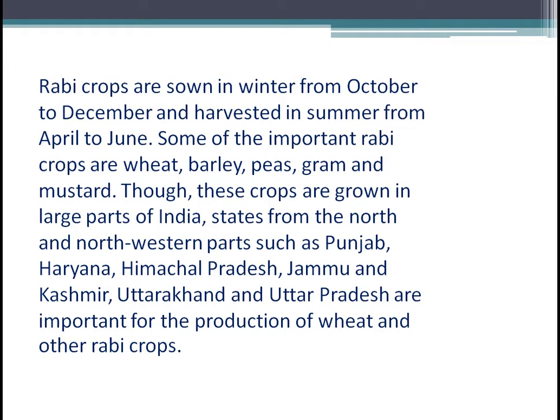Though these crops are grown in a large part of India, states from the north and the west, such as Punjab, Haryana, Himachal Pradesh, Jammu and Kashmir, Uttarakhand and Uttar Pradesh, are important for the production of wheat and other Rabi crops.